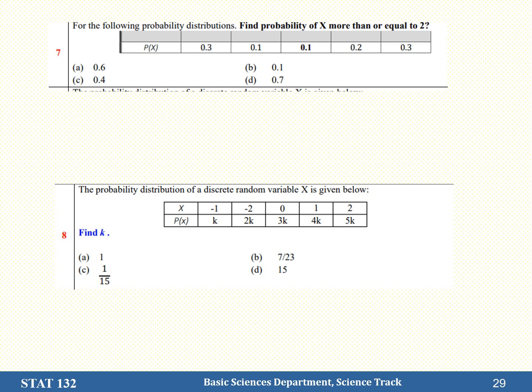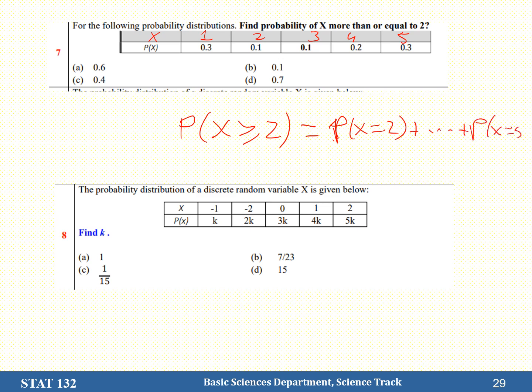Now, for the following probability distribution, find the probability of x more than or equal to 2. Okay, I think these are missing here, so I will just say this is 1, 2, 3, 4, and 5. So the probability that x is bigger than or equal to 2 gives you the probability of x equal to 2, 3, and up to x equal to 5.